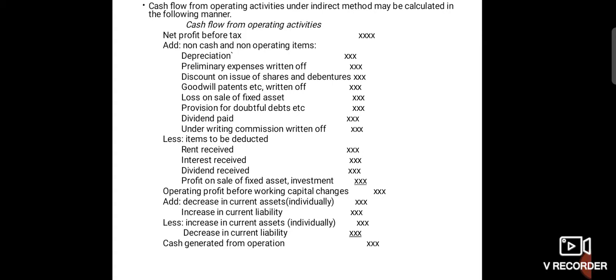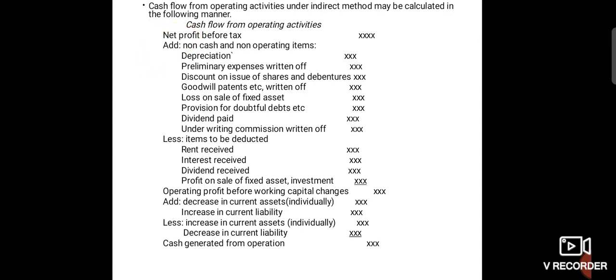The items which we add back with net profit are depreciation, preliminary expenses written off, discount on issue of shares and debentures, goodwill, loss on sale of fixed asset, provision for doubtful debts, dividend paid, underwriting commission, etc. All these are not related to operating, or they are non-cash items, so we will add them back.